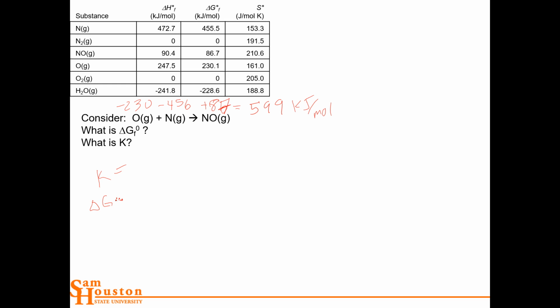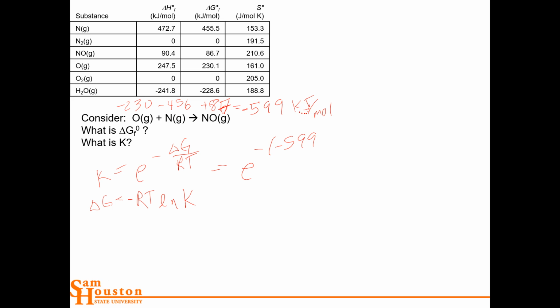Delta G is equal to minus RT ln K. And so we move RT over to the denominator, the minus sign over there, and so it's K equals e to the minus delta G over RT. And this is negative up here. And so what we end up with is e to the minus negative 599.